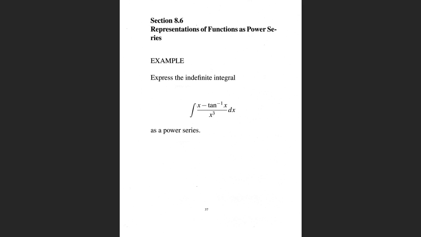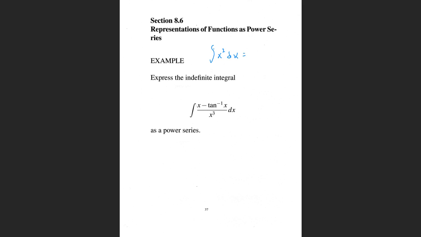So what I'm asking is, let me clarify what I mean here. If you had a problem where it says find the integral of x squared dx, you wouldn't need a power series, right?